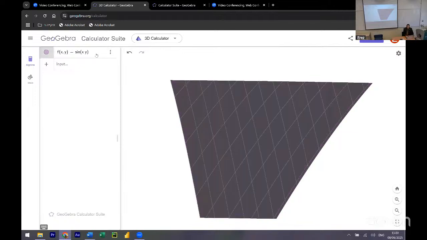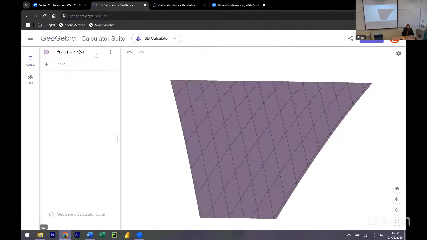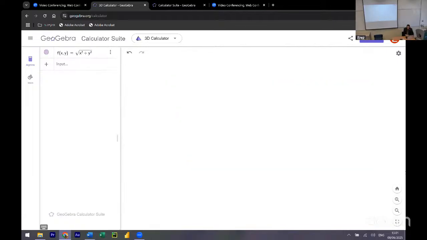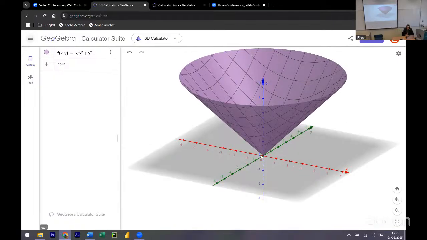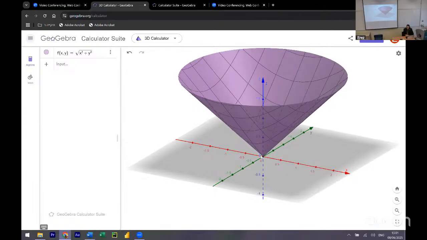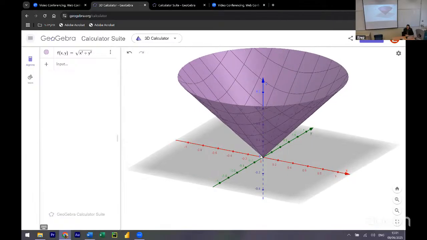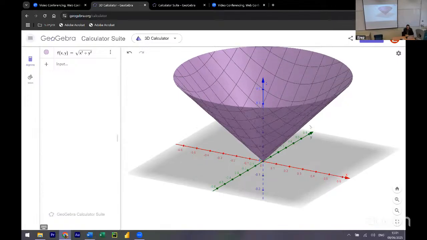And lastly, let's look at the square root of x squared plus y squared. That's the cone. What happens when we zoom in to the origin of the axes? It still looks like a cone.